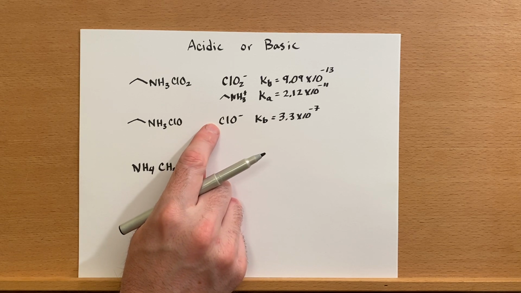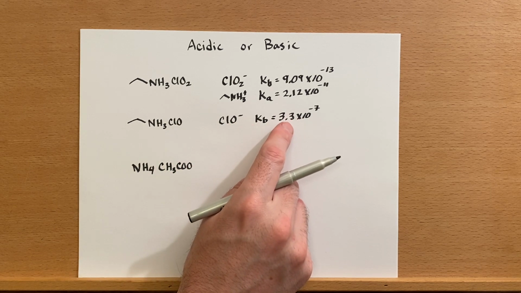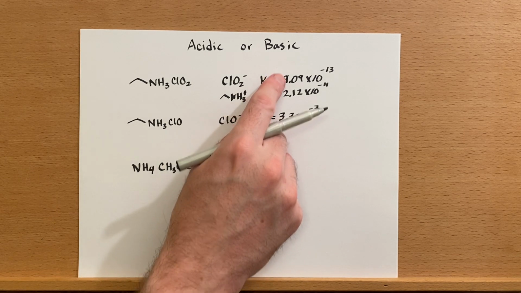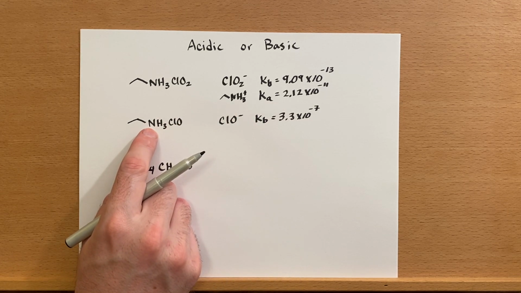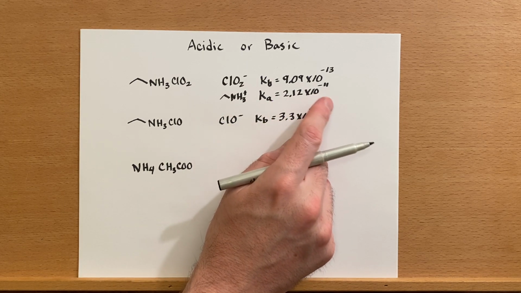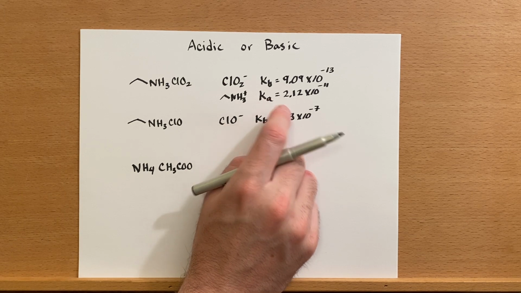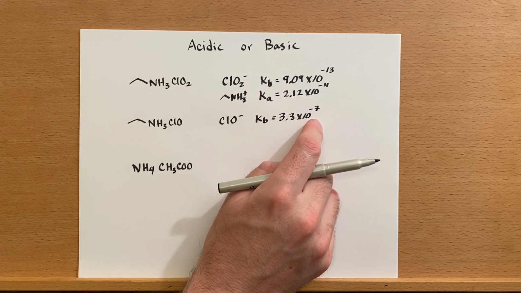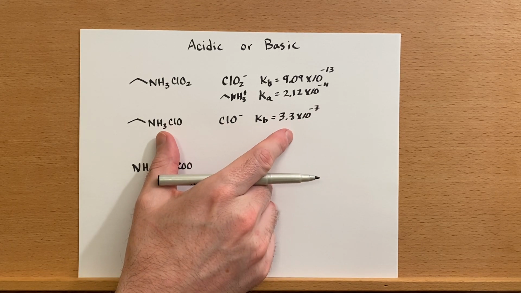But since this is not a very good acid, its base is much stronger, and you'll see the Kb is much higher. Now, I still kept the same cation, so we can compare the Ka value right here. And you'll notice that this is now a weaker acid than this is a base. And so in this case, this solution should be basic.